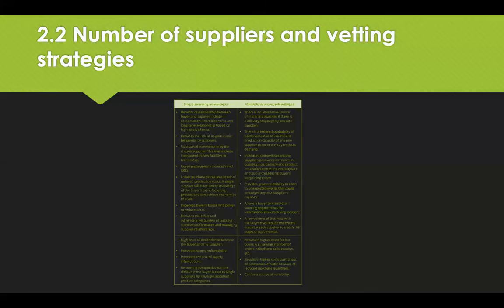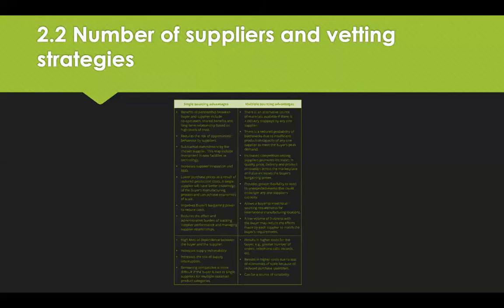Your bargaining power increases, and it makes the effort and administration worthwhile in managing that relationship. But you are highly dependent on them, which increases your supply chain vulnerability and risk of interruption. And it's about remaining competitive, and this is difficult if the buyer is tied to a single supplier.